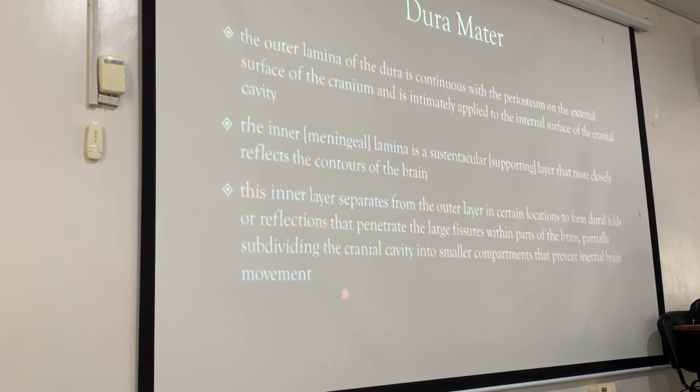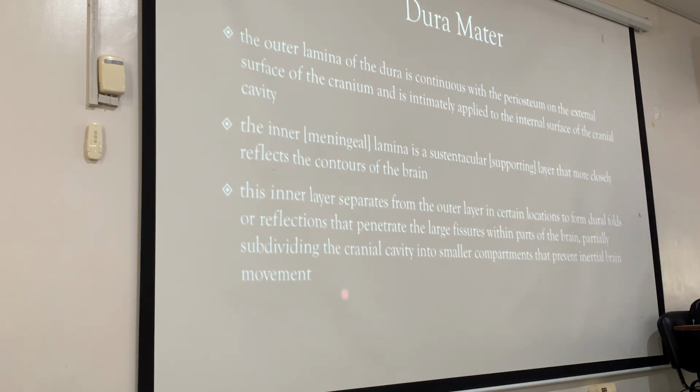The inner layer separates from the outer layer in certain locations to form dural folds or dural reflections. These penetrate the large fissures within parts of the brain, partially subdividing the cranial cavity into smaller compartments that prevent inertial brain movement.